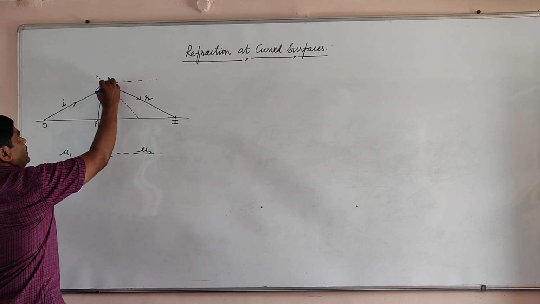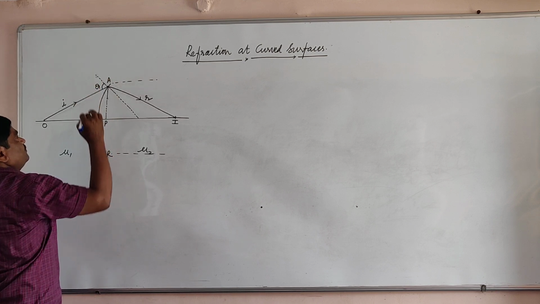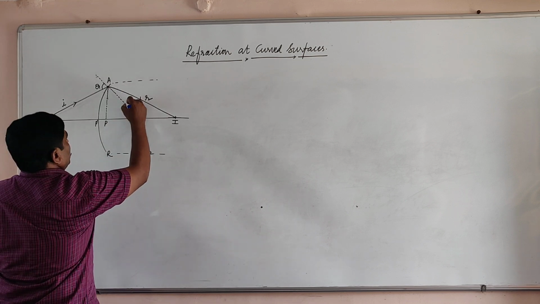The incident ray makes an angle theta 1 with the normal, and the refracted ray makes an angle theta 2 with the normal.